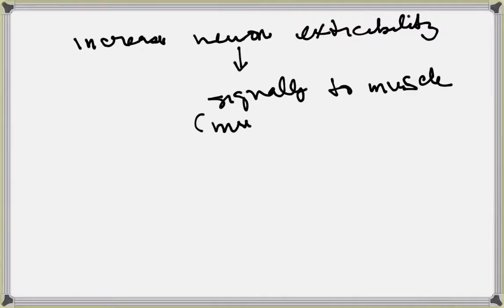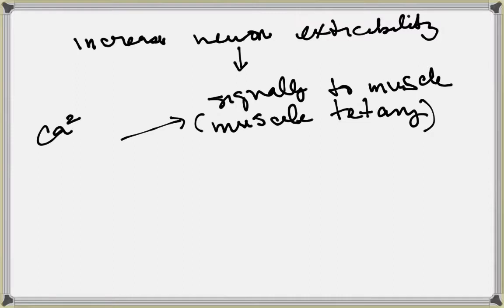And so essentially, this can lead to tetany, muscle tetany, which is essentially whenever you see muscle twitches. And that's because you need calcium there to inhibit muscle contraction.